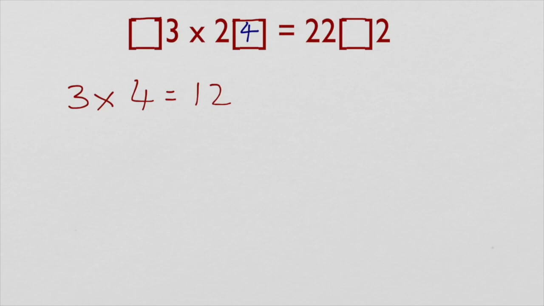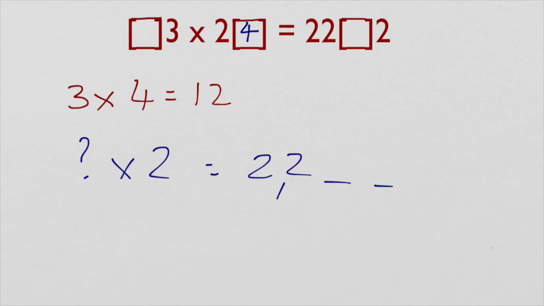Then I need to work out the other missing number in the box there. So this is in my tens column, so I need to go into the tens. So that number times 2 is going to give me something at the start of the answer. So something times 2 equals a number that's not 22, it's going to be 2,200 and something.